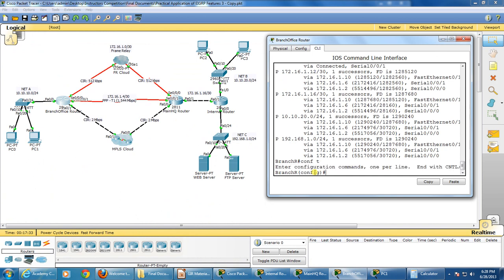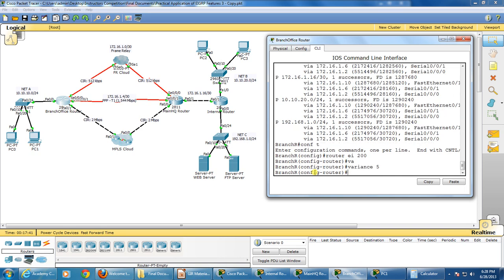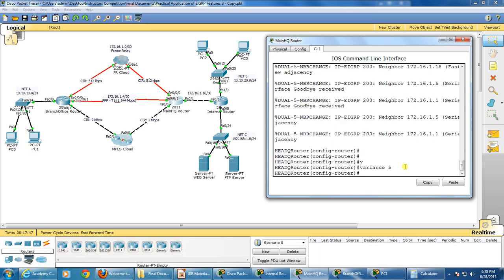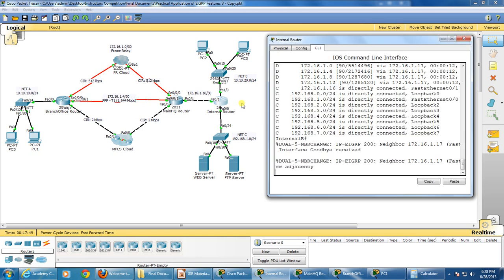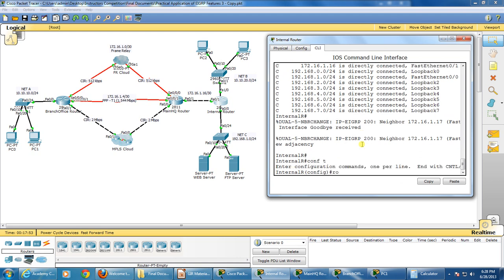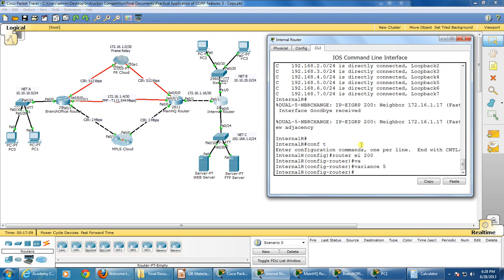You're just going to the router configuration mode again, router EIGRP 200, and then variance of 5. On the other routers, you do that also, a variance of 5. And lastly, in our internal router, we should have router EIGRP 200 with variance of 5.